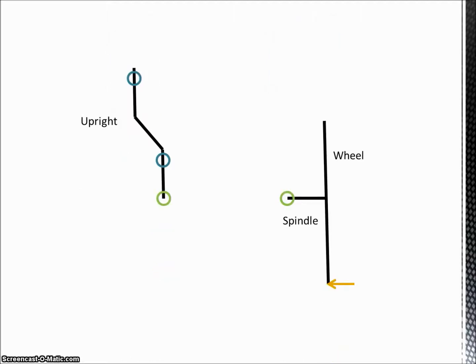So here's my free body diagram of the upright and the wheel and spindle separately, and I know that if my wheel is going to stay static, it's not going to accelerate, this force is going to apply a reaction force and a reaction moment right here. And then at the connection point between the wheel and spindle assembly and the upright, whatever the reaction forces and moments are on the wheel and spindle assembly, I'm going to see opposite reaction forces and moments on the upright connection point.